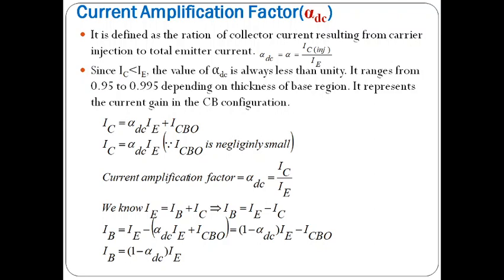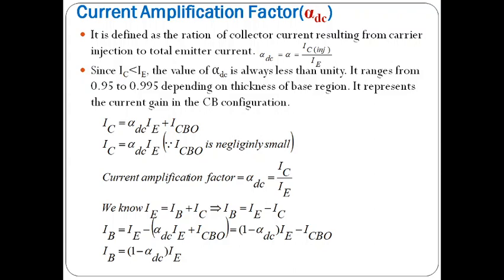So the current gain in common base configuration can be calculated by knowing the collector current and emitter current. We know IC equals alpha DC into IE plus ICBO. ICBO is very small, it is a reverse saturation current, so we can neglect that one. From that we can write IC equals alpha DC into IE. So the current amplification factor in the common base is represented with alpha DC, or sometimes just alpha, which is IC by IE.